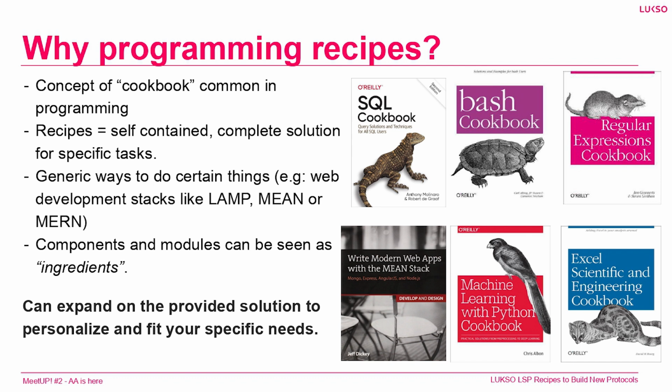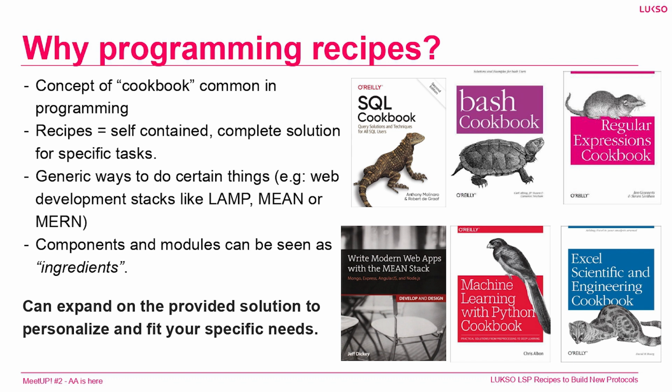So recipes are just self-contained solutions, and there are generic ways to do certain things. You can assemble the elements in different ways and have a different stack, for instance. Everyone is familiar with things like the MEAN stacks or the LAMP stacks.